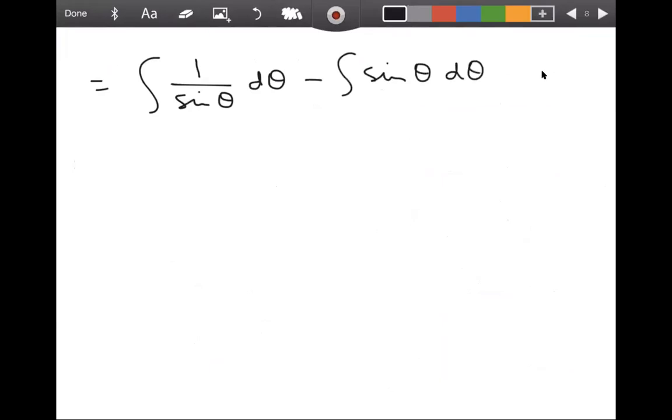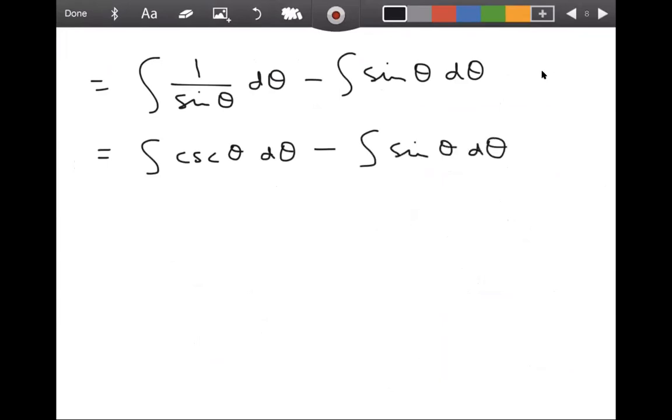All right, so this shouldn't be too bad. 1 over sine theta is cosecant theta. The trick for integrating cosecant is very similar to the trick that we used way back in chapter 7 for integrating secant. I am not going to reinvent that trick.